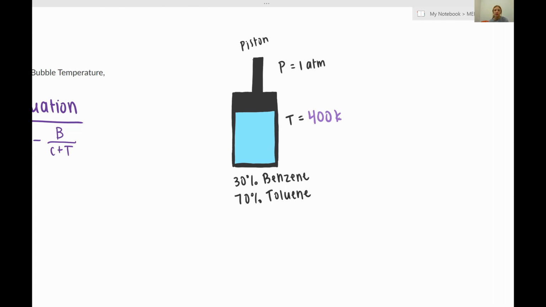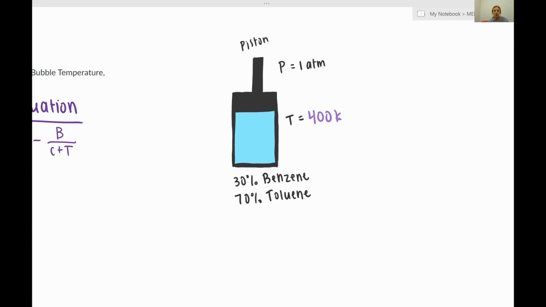So that's going to be toluene. And that's just so we have a purely gas mixture.